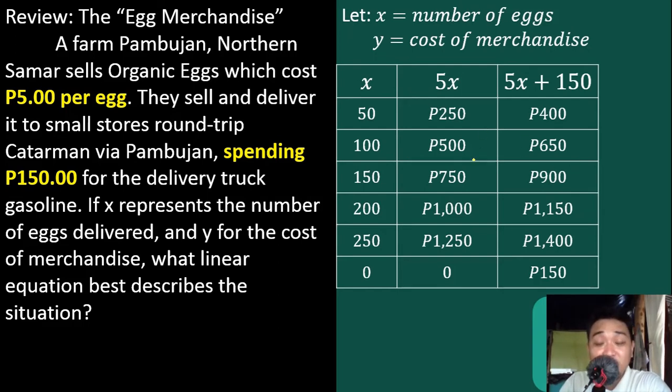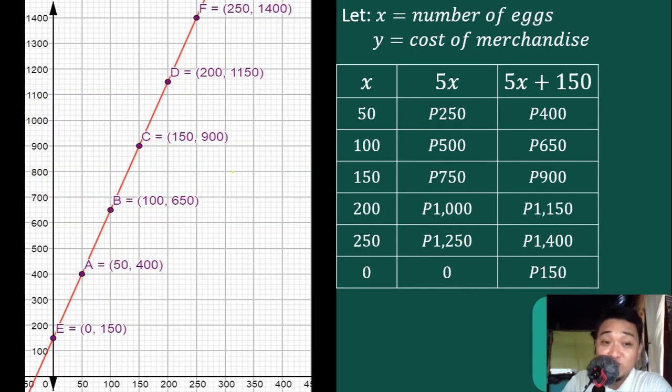Pwede natin siyang i-graph. Ganito pong magiging itsura ng graph niya, no? So, ituloy ko lang. If x is 150, the total cost of merchandise will be 900, kasama na yung ginasolina. If the number of eggs delivered is 200, the total cost of merchandise is 1,150.